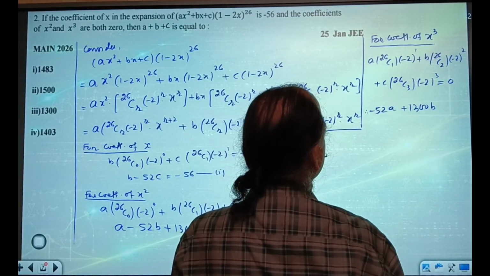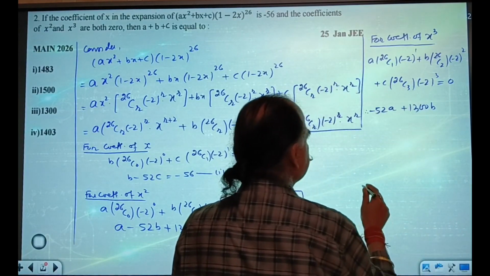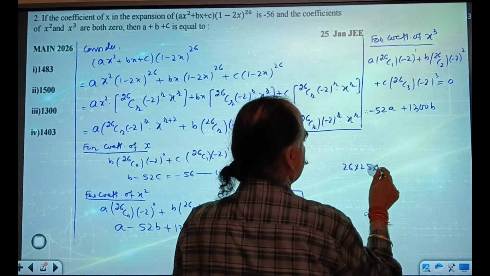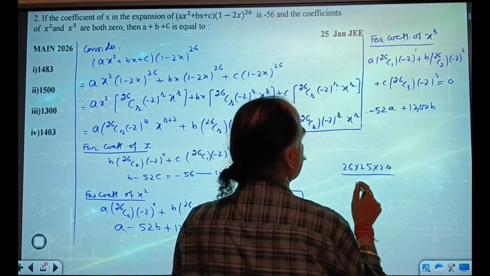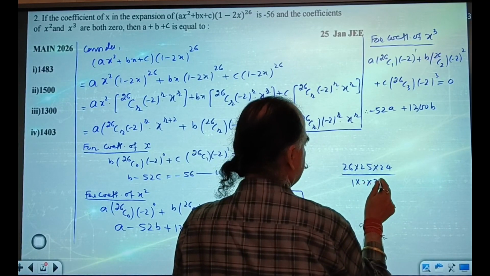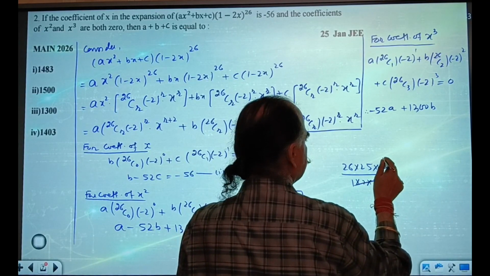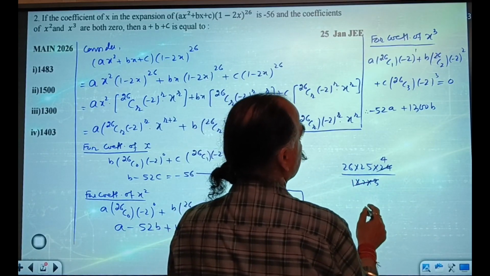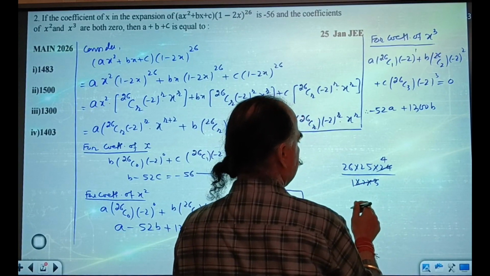And this is 26 into 25 into 24 upon 1 into 2 into 3, which is 2,600, and 2,600 into 8 gives 20,800, with a minus sign.